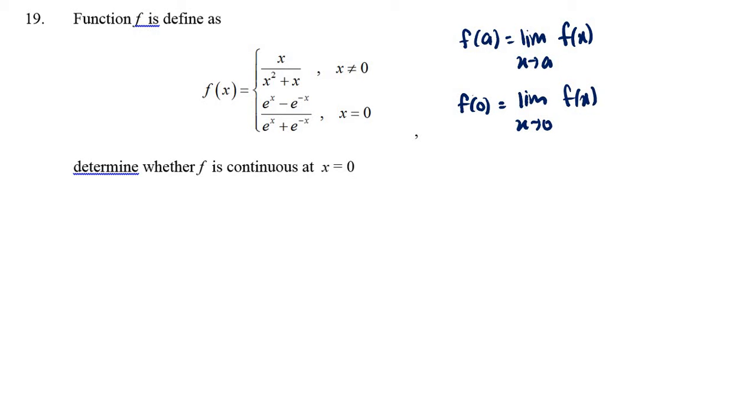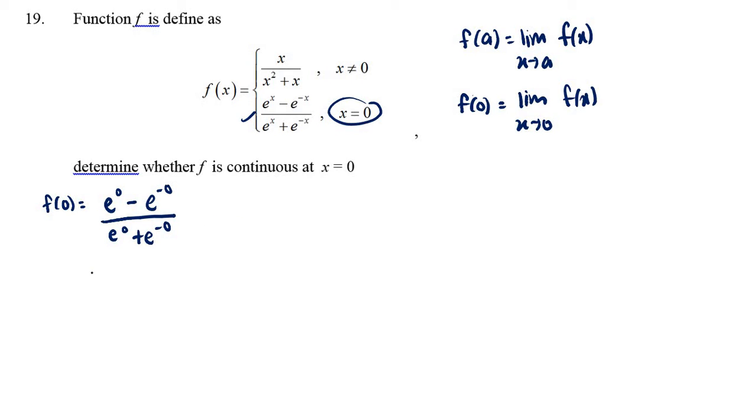Okay, so now first step kita cari f(0) lah. Okay, substitute 0 over here. So when x is equal to 0, over here we have this second function. So f(0) is equal to e^0 minus e^(-0) divided by e^0 plus e^(-0).